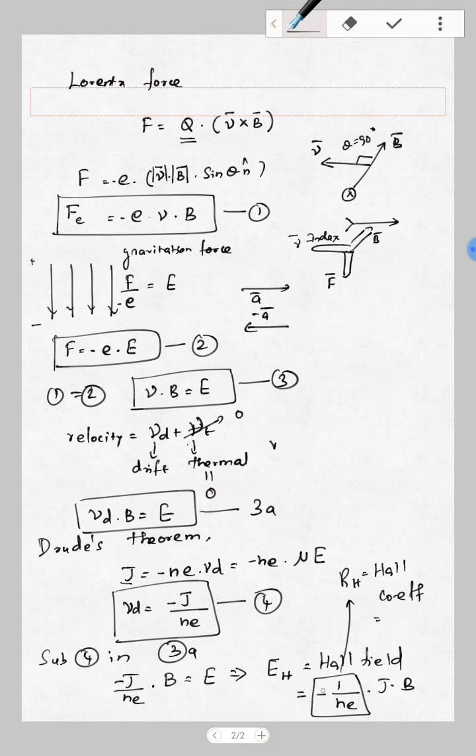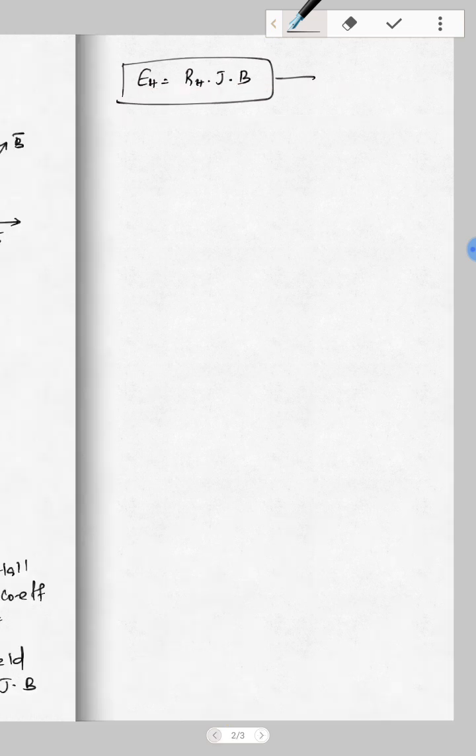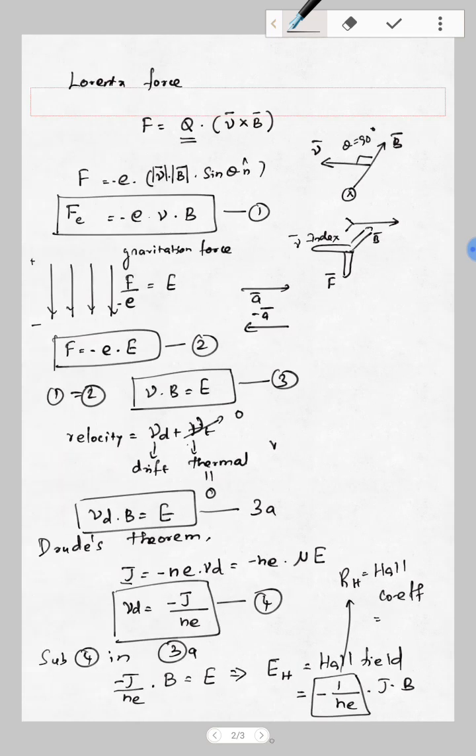Before that, we'll find one more relation, useful for practical measurement. The Hall field can be written as RH times J into B. I can number this as 5.